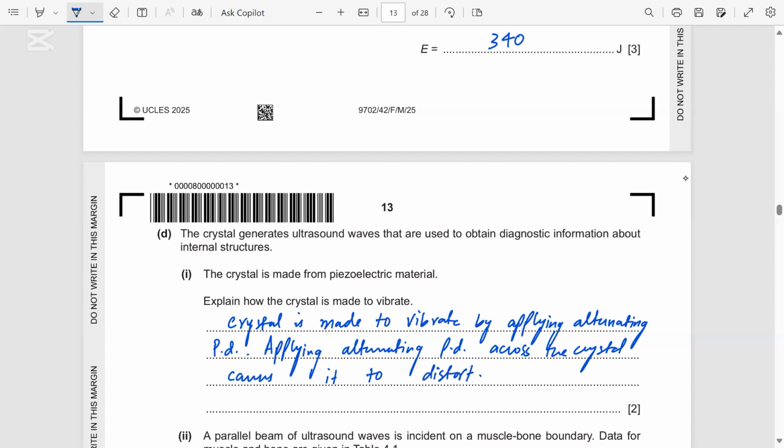That produces compressions and rarefactions, and this produces vibrations.